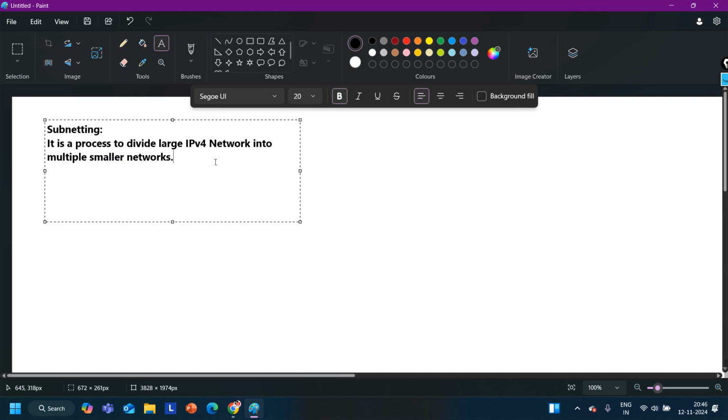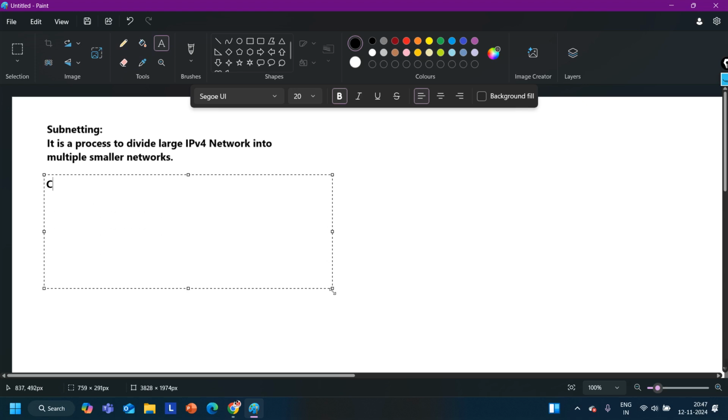Multiple smaller networks. Okay. Before talking about how, understand CIDR.